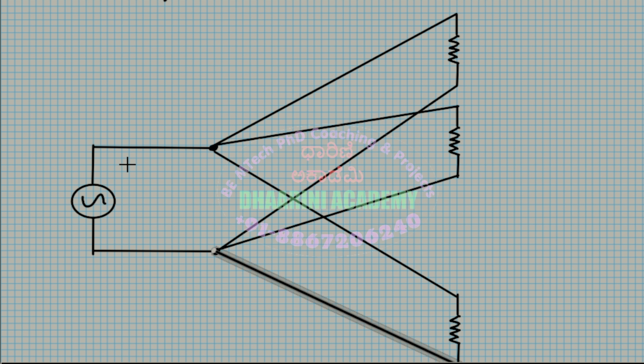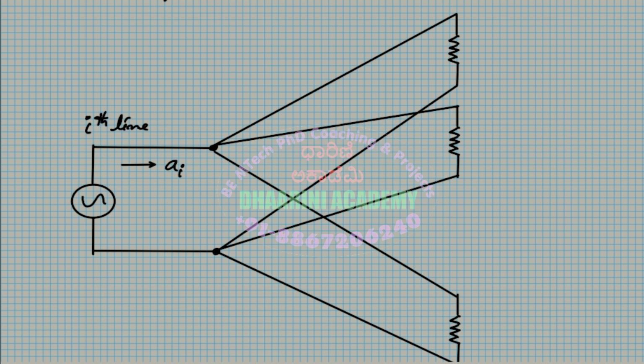Let us say the energy that is supplied by this source, whatever flows here, let me write another notation here. There is some ith line. This is some ith line. Okay, so I'll write the input energy as a_i. Okay, and whatever gets reflected back on that particular path, let's call that b_i.